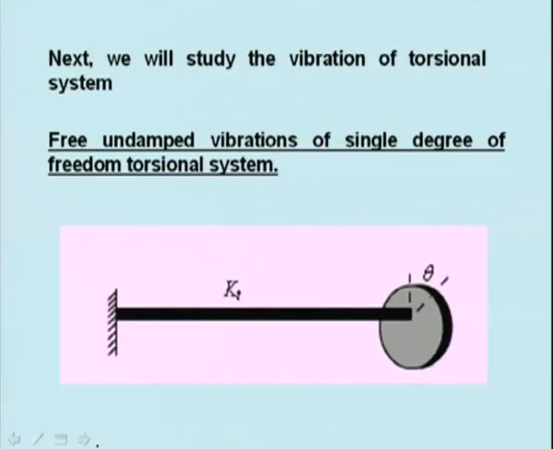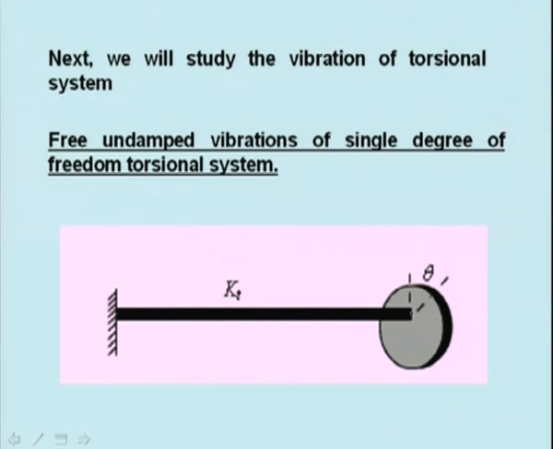Next, we will study the vibration of the torsional system shown in this figure. Here, there is a rod, and with this rod you attach a disc. Now if you twist the disc, this rod also gets twisted, but this end is rigidly fixed.